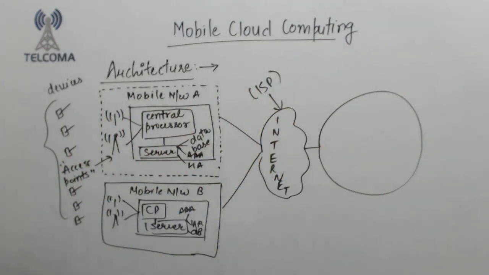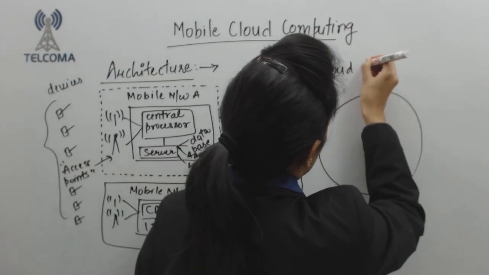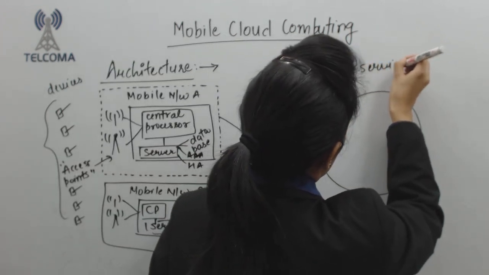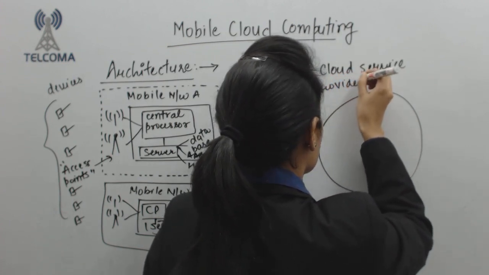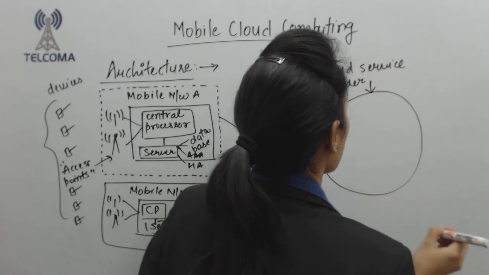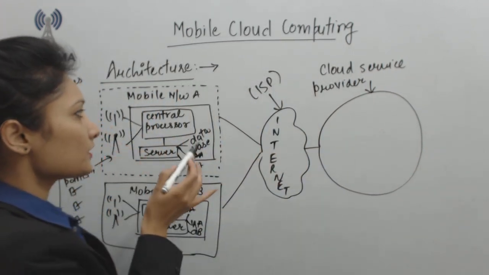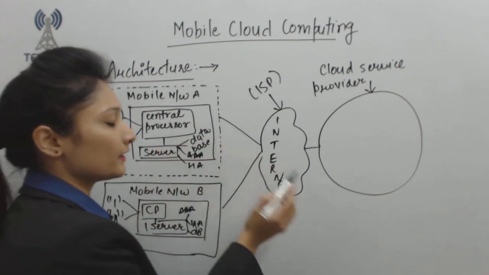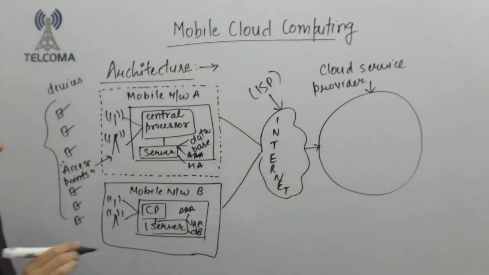So here we have the cloud service provider. The user is connected to this mobile network, then the internet will be responsible for forwarding your requests to the cloud provider.